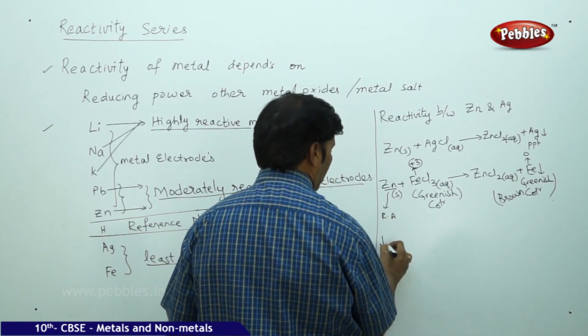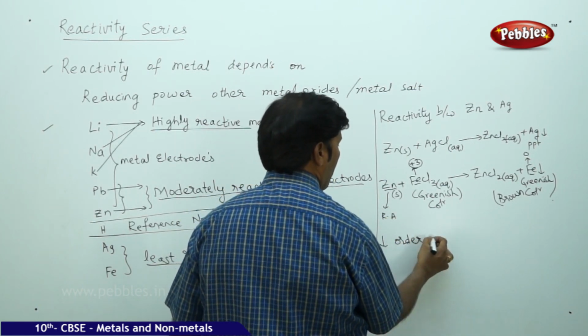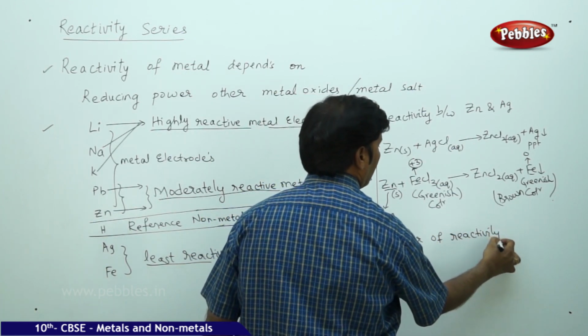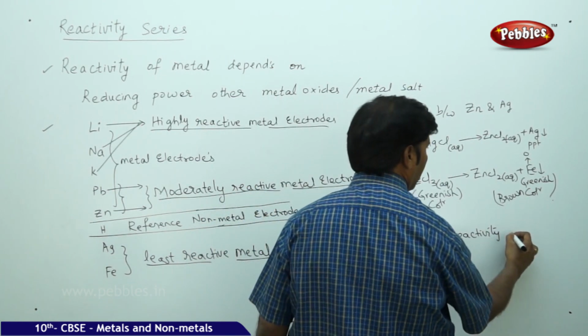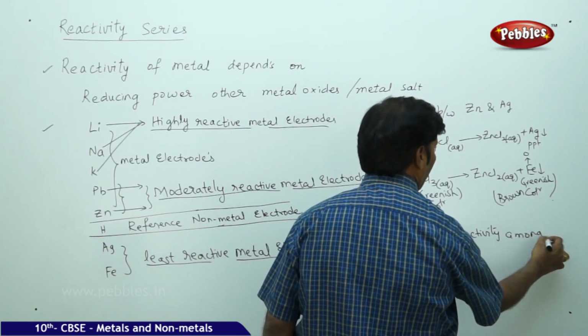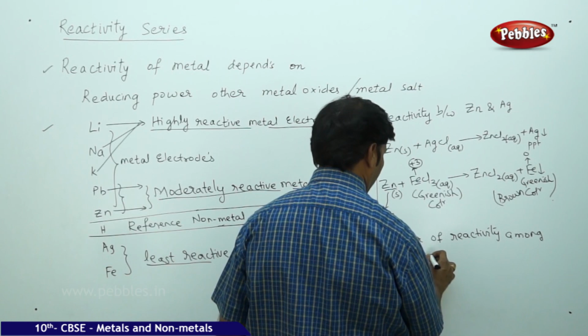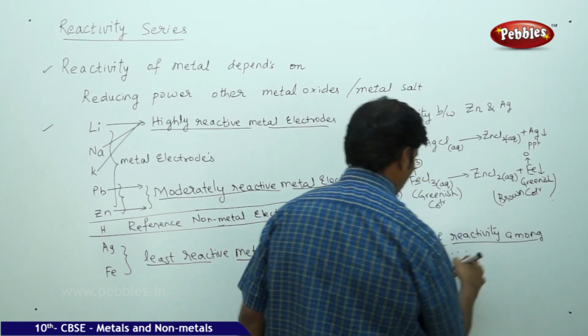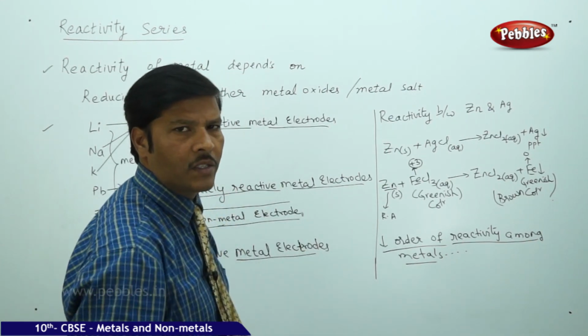So therefore, the decreasing order of reactivity among metals. The downward arrow represents decreasing.